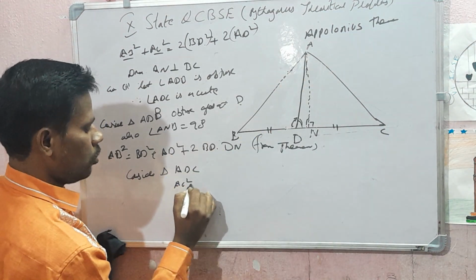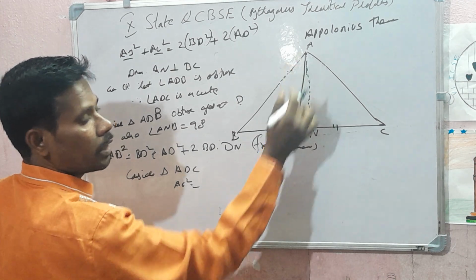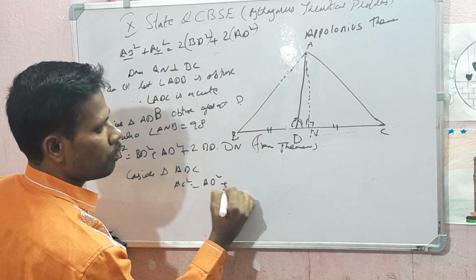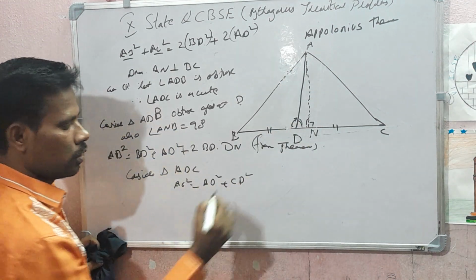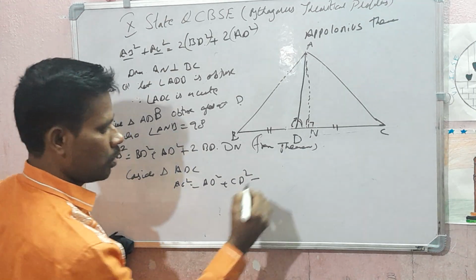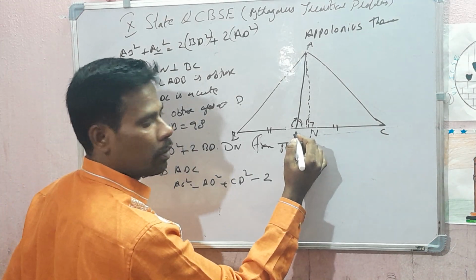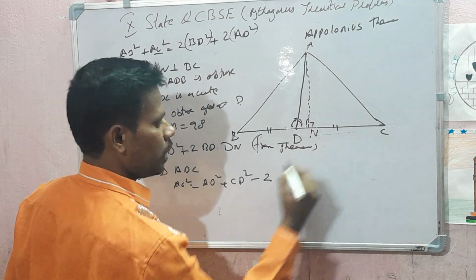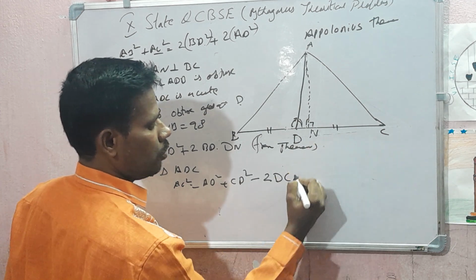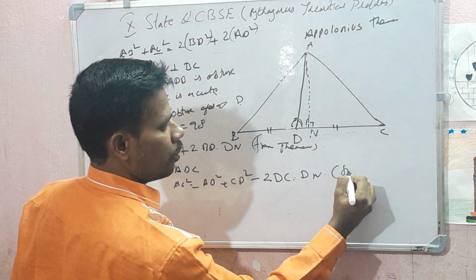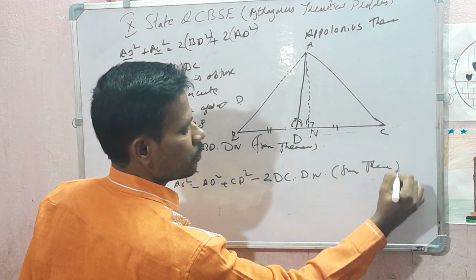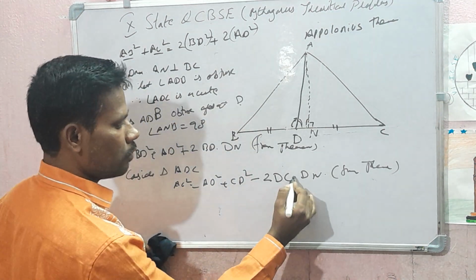AC square is equal to AD square plus CD square minus twice the product, minus 2 times DC into DN, from the theorem. You can write directly from the theorem, right?